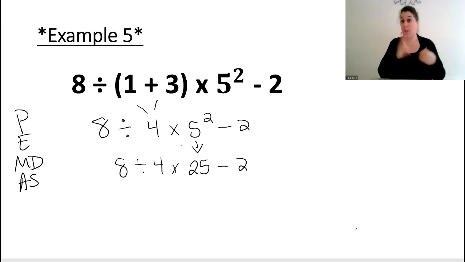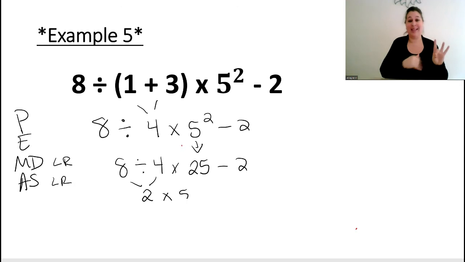Do we see any multiplication or division? Yes. Hopefully you did not do 4 times 25 first. Hopefully you did 8 divided by 4, because remember, it's left to right. Whichever one is to the left first, that's the one you do for multiplication and division and for addition and subtraction. So 8 divided by 4, you have to do this one first, is 2. Then bring everything else down.